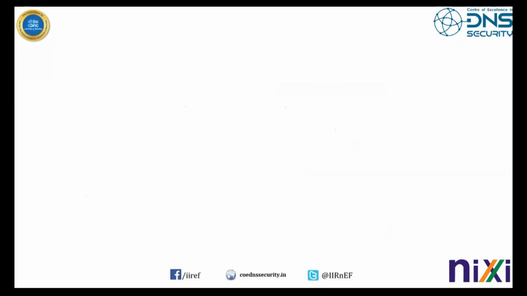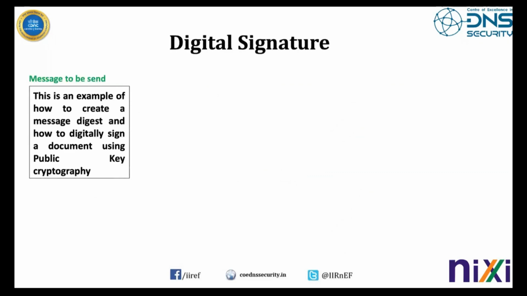So I will just go through the process of digital signature. Consider this is the message that has to be sent to some other person. I want to add a digital signature to this message. For that, the first step is that I have to create a hash of the message.